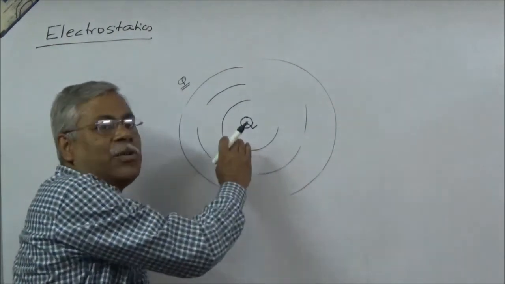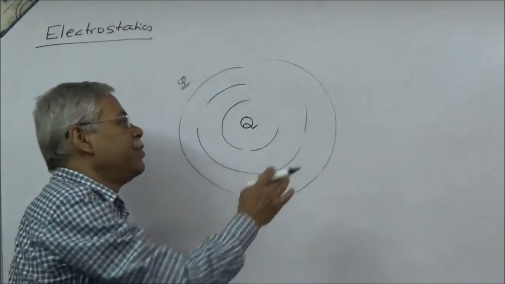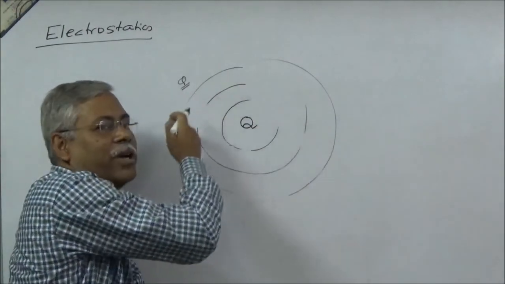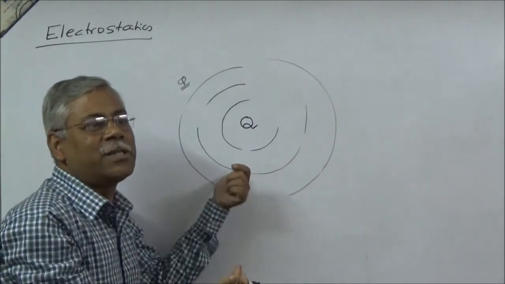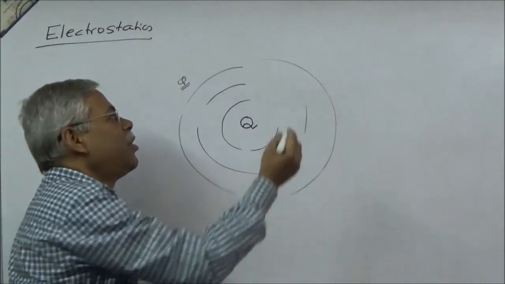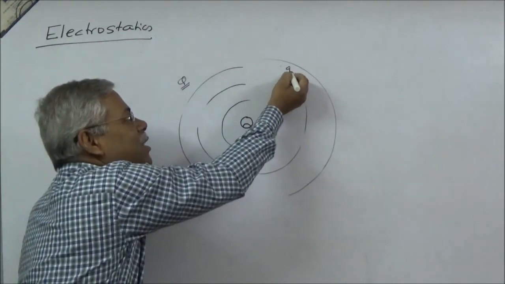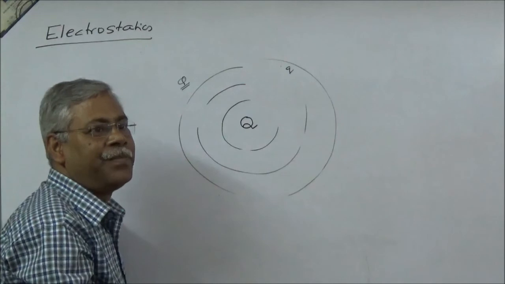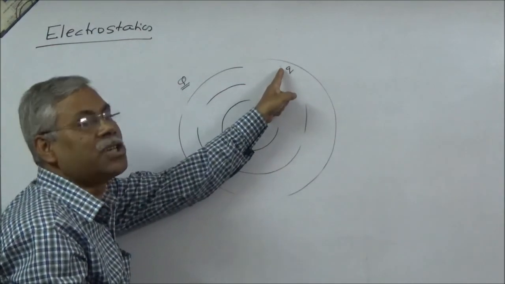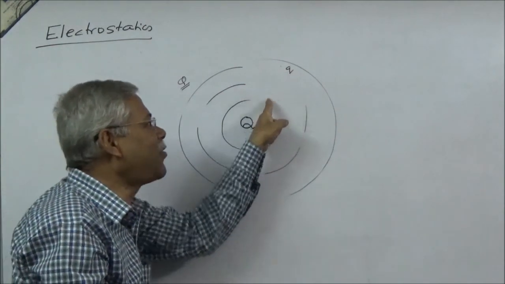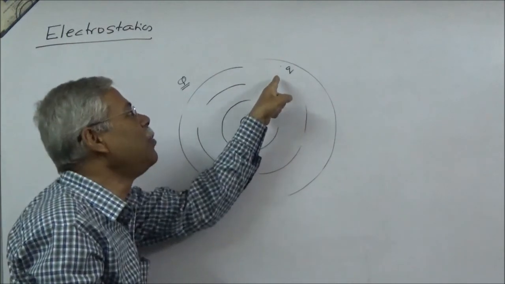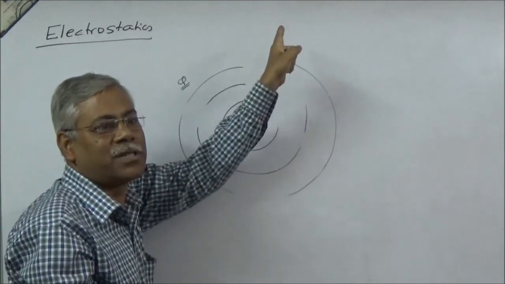So in space you have placed a charge Q. This has produced something around it. How do you know that this has produced something around it? Because if you place another charge in the neighborhood, then you will see that this charge will either be attracted towards this or repelled away from this.